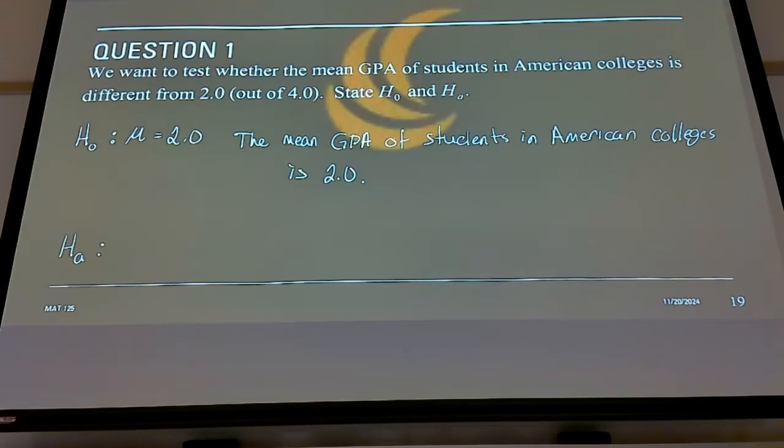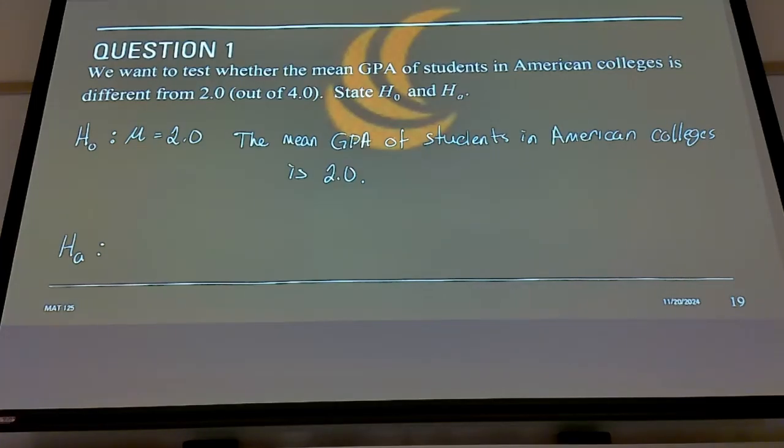That's a mu. State H naught and H A. The alternative, what are we testing? So the H naught is the null, we're testing it, and the H A is our alternative.